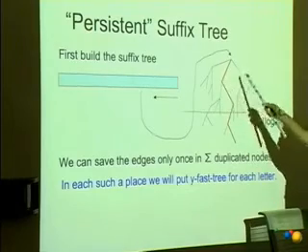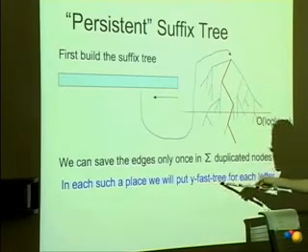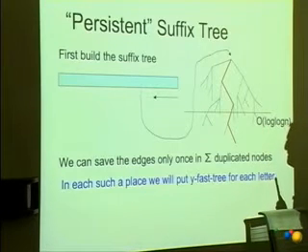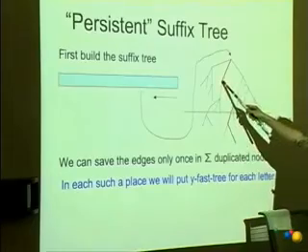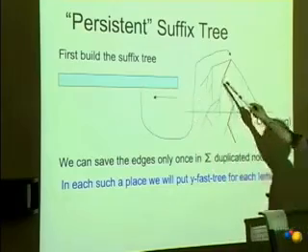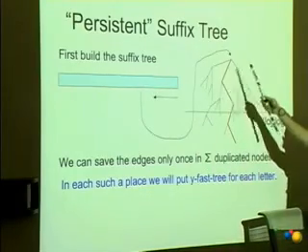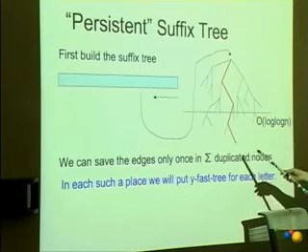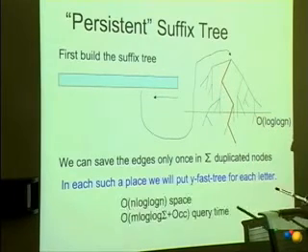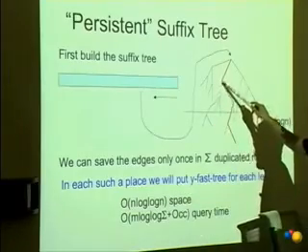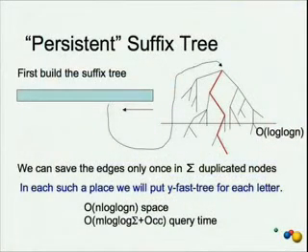I will have a data structure of y-fast trie or some other fast data structure for finding things, and I will ask which is the predecessor of the I position for the letter A, or something like this, to go to here. And this will cost O(log sigma). Then it will take O(n log n) space, and for each edge going like this it will take log sigma, then it takes m log sigma plus occurrence for query time.